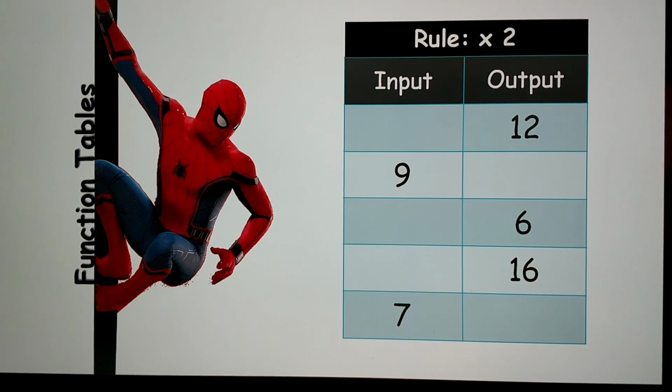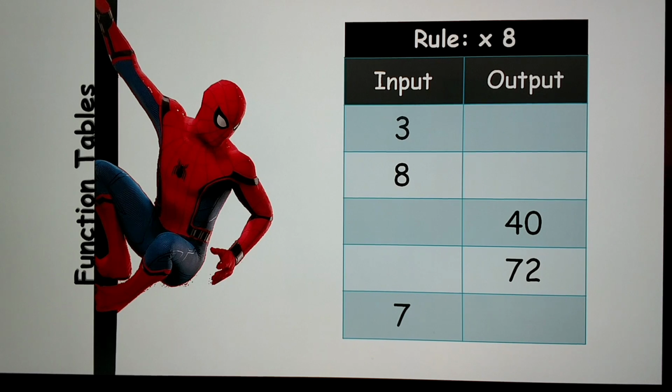Push pause. And we're back with the answers. Push pause. And we're back with the answers.